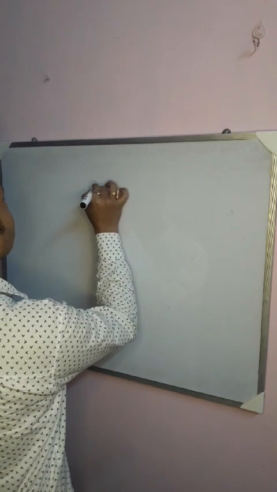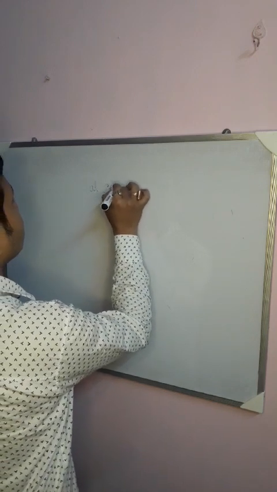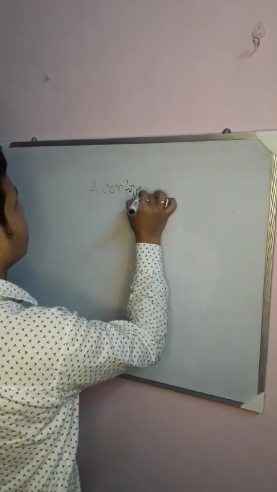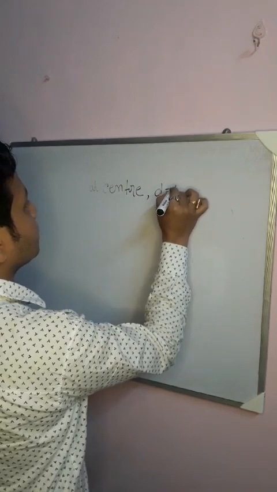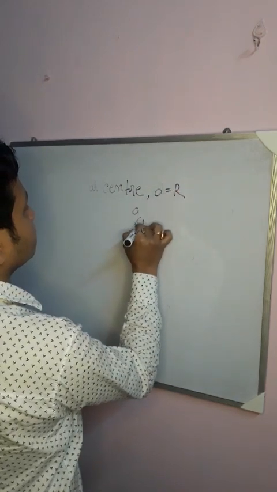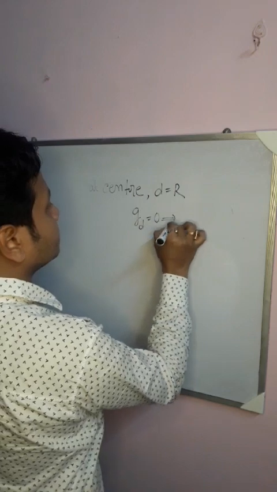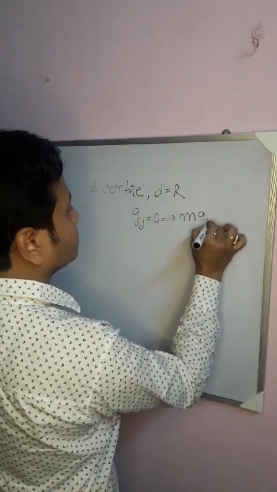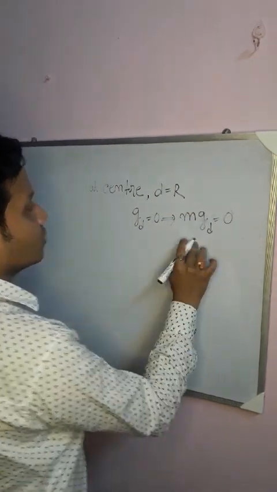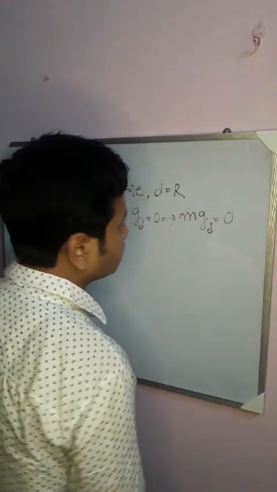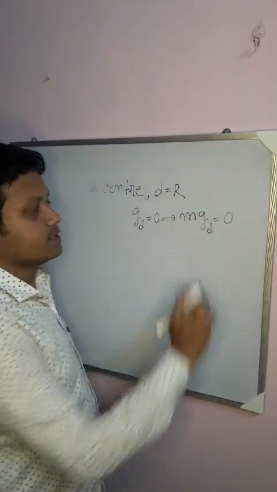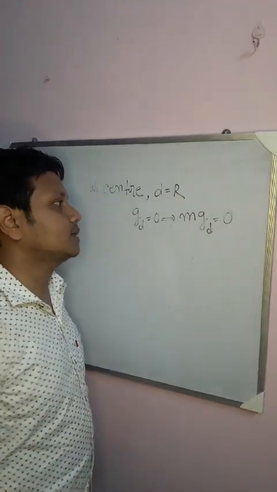Now at the center, d is r, that means g_d is 0. If g_d is 0, then m into g_d is 0. So the weight of an object at the center of Earth is 0. This is how we can find the weight of an object.